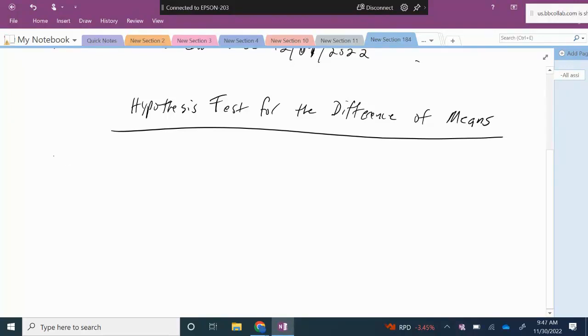Well, here are the setups. If you're testing for a difference in means, as far as setting up the hypothesis test, the null hypothesis is always going to be mean 1 is equal to mean 2.